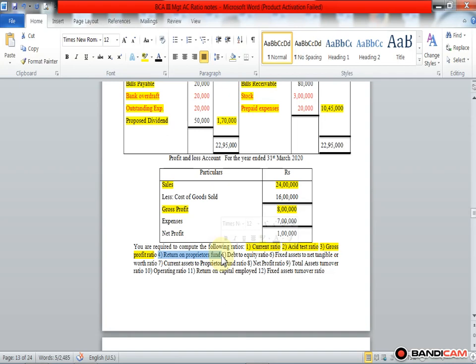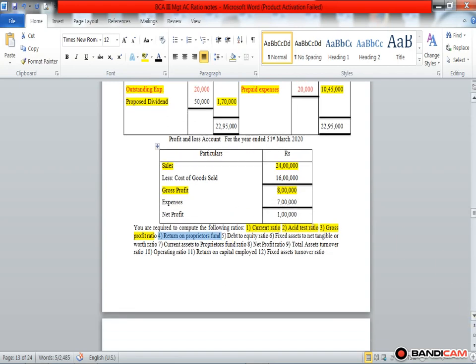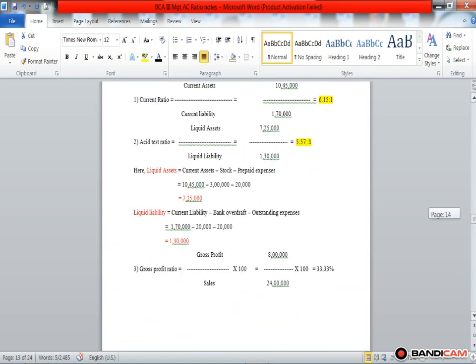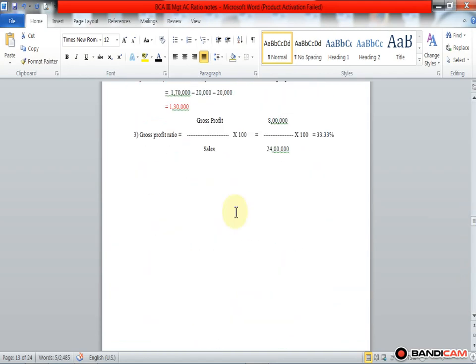Return on proprietors fund means the amount which is returned to the proprietor from the business. Return is related to the business net profit. When the business earns a maximum profit, it is beneficial to proprietors.